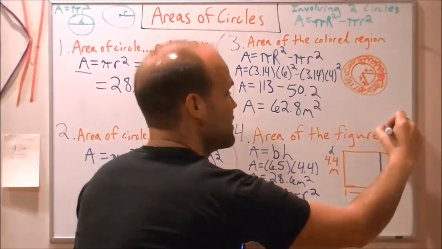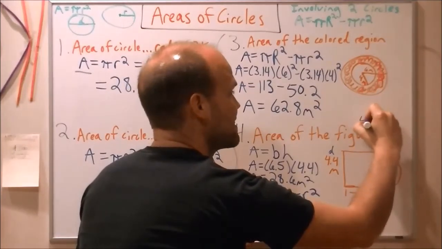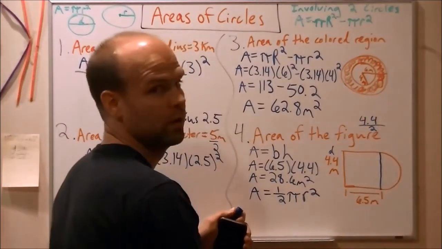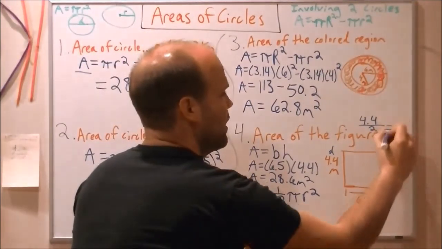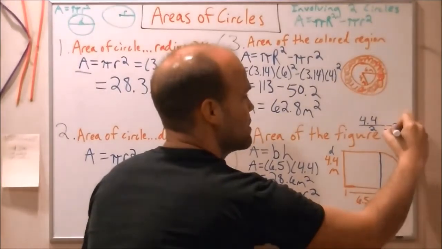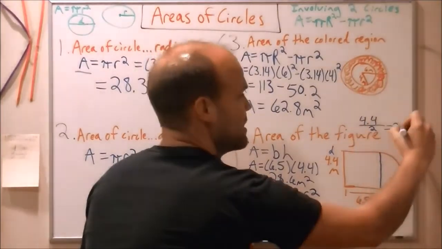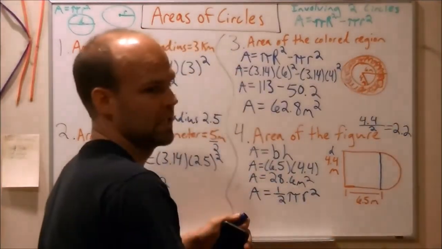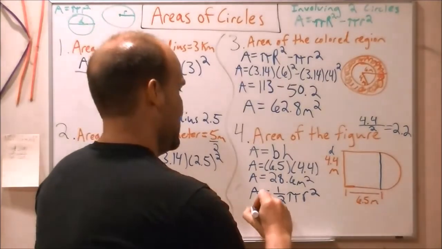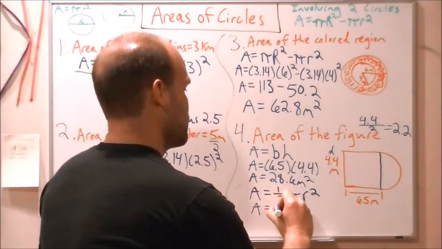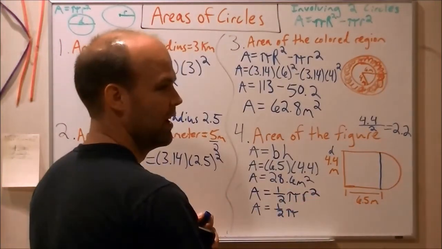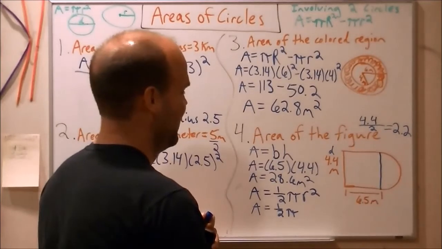How do I find radius from diameter? I simply divide 4.4 by 2. Cut it in half. 4.4 divided by 2 is, 4 divided by 2 is 2. Decimal point, 4 divided by 2 is, guess what? 2 again. Funny how math works, isn't it? 2.2.